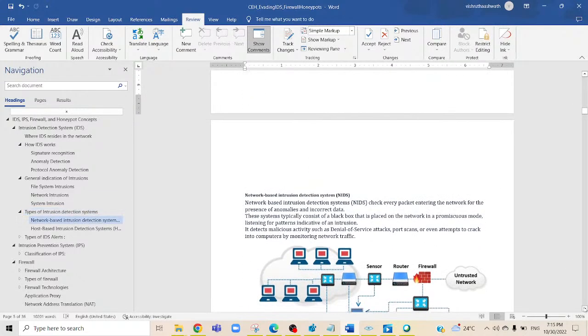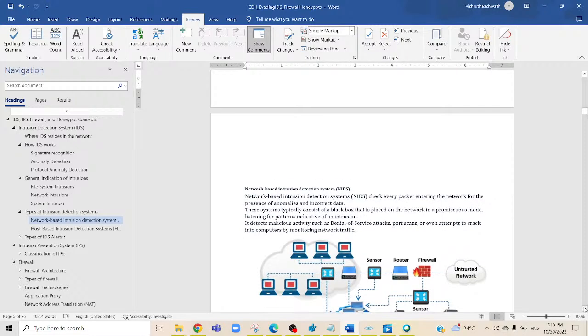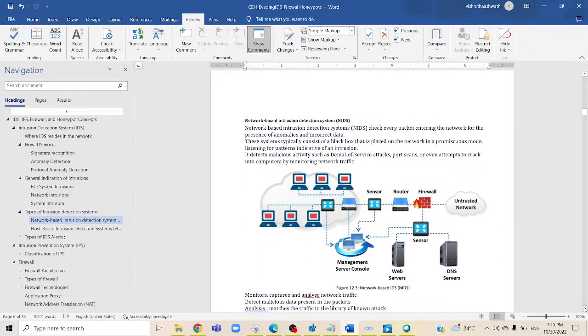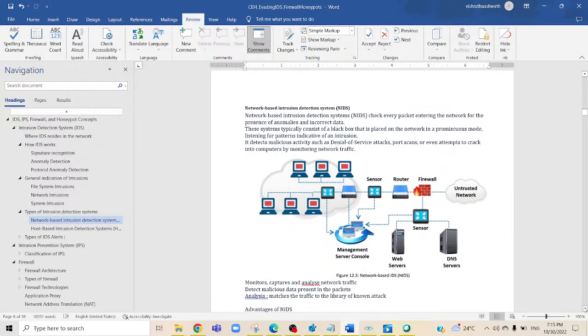There are two types of intrusion detection systems: network-based intrusion detection systems and host-based intrusion detection systems. The network-based intrusion detection system is popularly called NIDS.